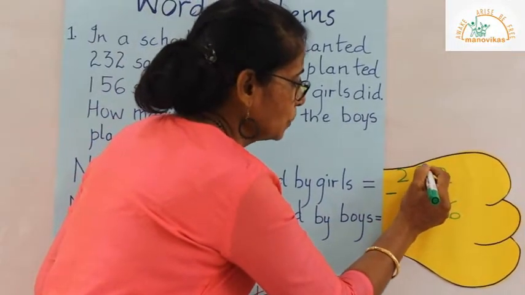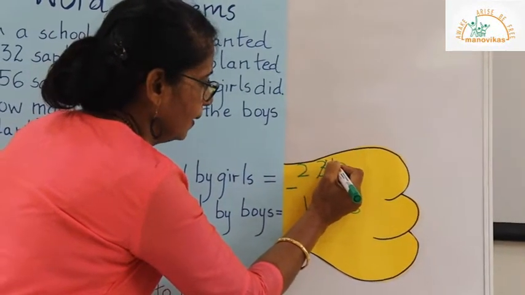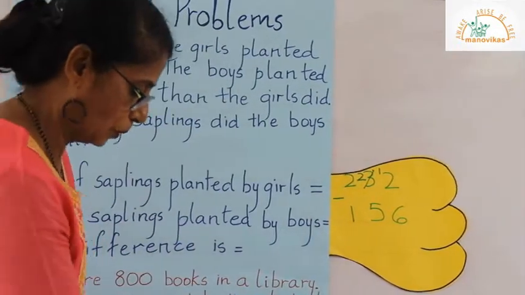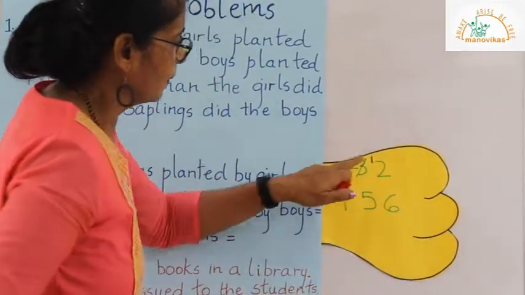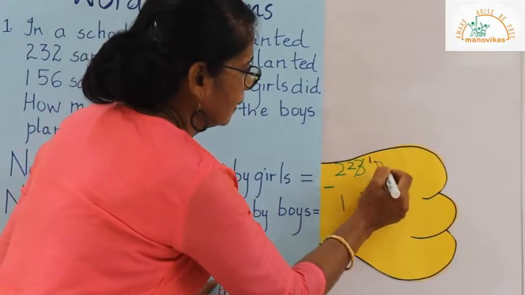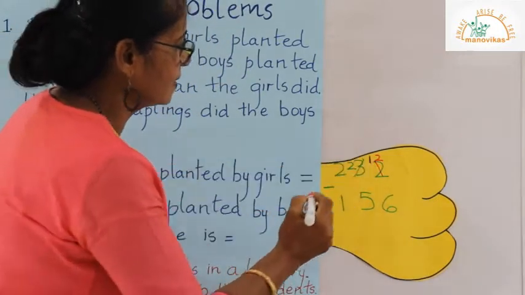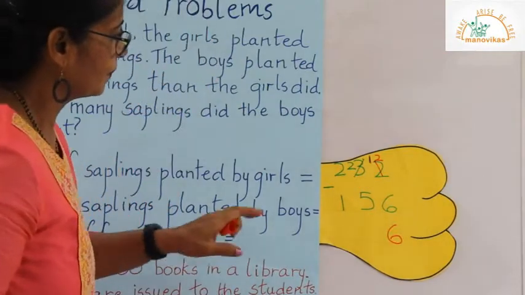No. So what we do is we borrow 1 here and the number here becomes 2. So now here it becomes 12. The number is 12. So 6 minus 12 gives us 6.